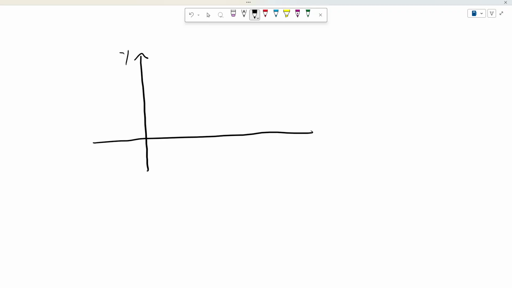It'll still be on the interval I. It's still just like the other two. x1 is less than x2.